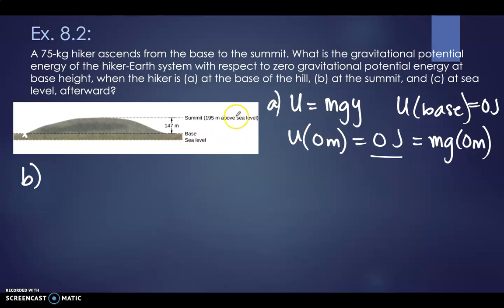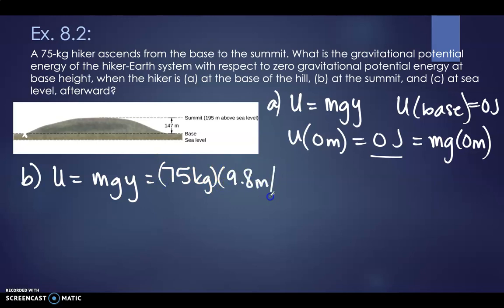Now the next part says at the summit. So the summit is 147 meters up. So our U is equal to mgy, which is 75 kilograms times 9.8 meters per second squared, times our height, 147.